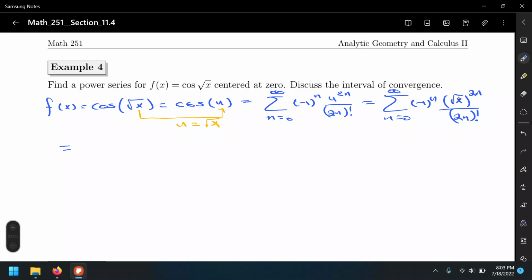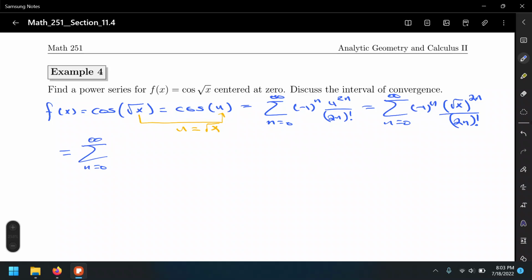Notice how in this case the square cancels the radical, leaving us with simply sigma n equals 0 to infinity of (-1)^n x^n over 2n factorial. Be careful with having all parentheses around.